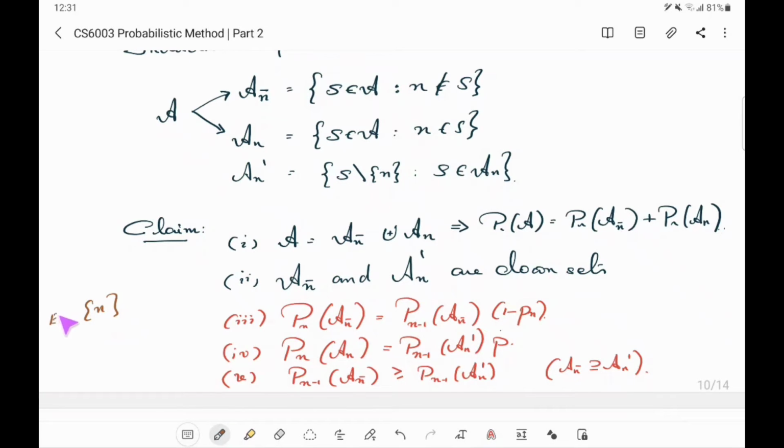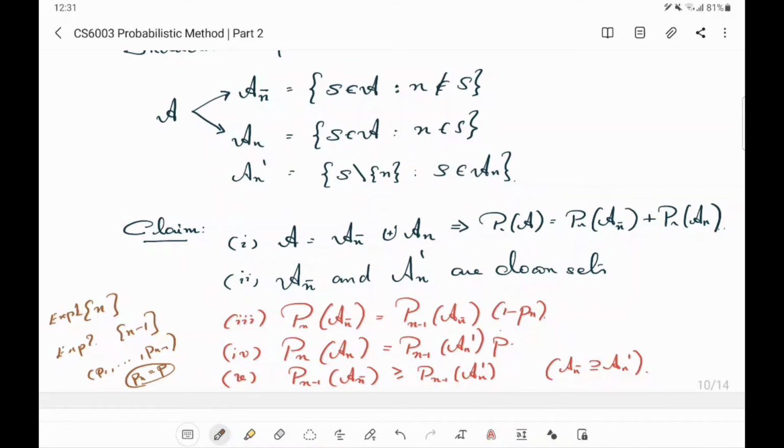This is experiment 1, and experiment 2 is picking a subset of n minus 1 according to the truncated probability vector p1 to pn minus 1. Sometimes, to avoid clutter, I will denote pn to be p, so that I have one subscript less to write. This is only a notation.